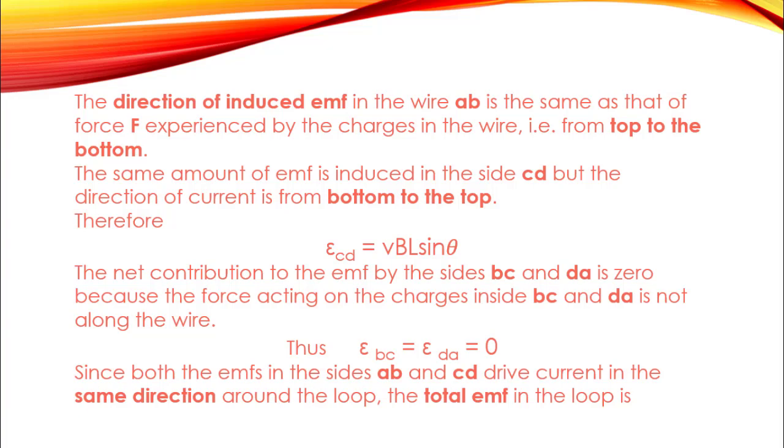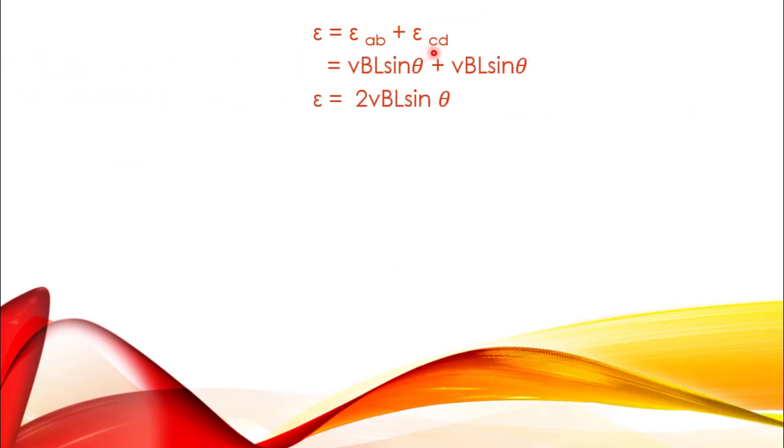So we can calculate the total EMF as the sum of EMFs generated in the sides AB and CD. The equation finally becomes 2vBL sin theta.